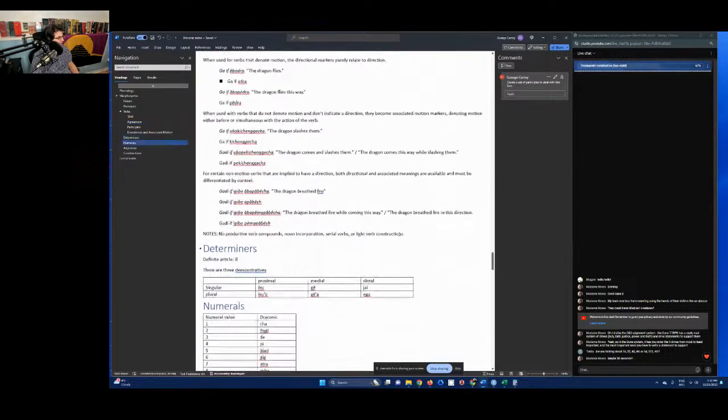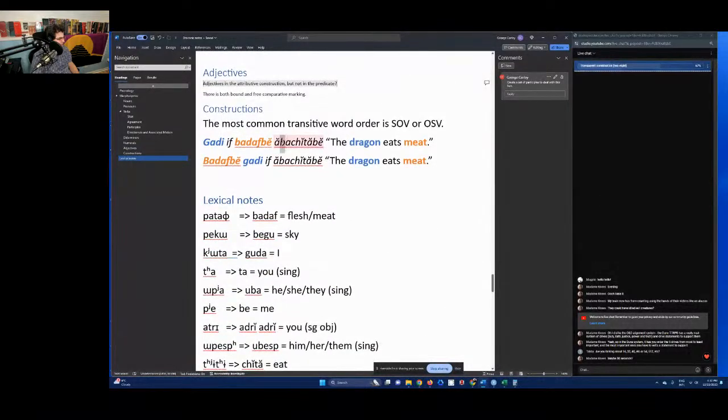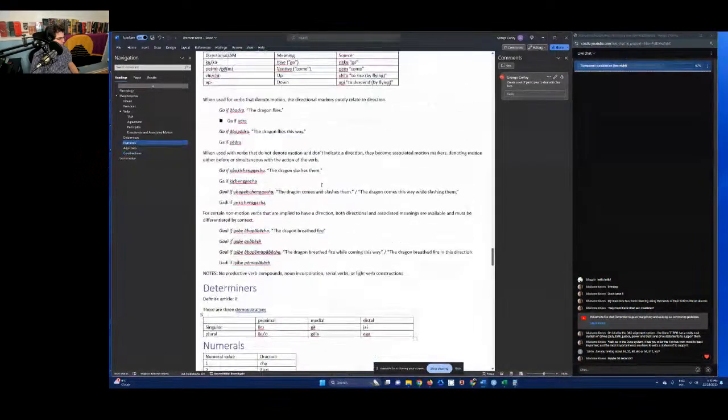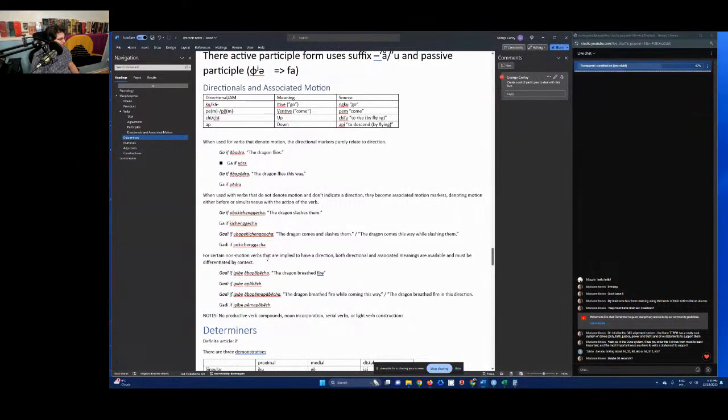That wouldn't necessarily affect this. Because this one starts with a vowel, I might actually keep the B. Wait, no, this particular example would be affected.